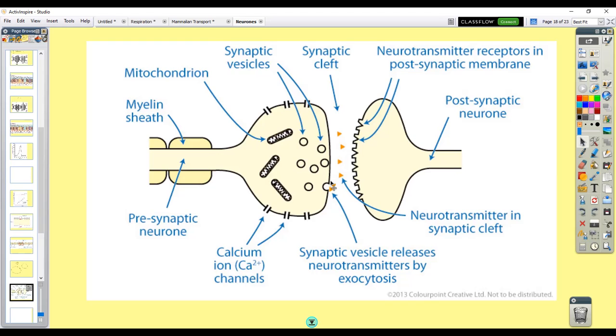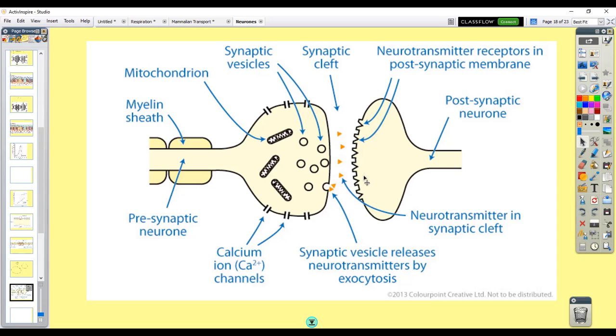The neurotransmitter at this part is at high concentration, and it diffuses across the synaptic cleft. So high concentration to low concentration, and it will bind with receptors. If enough of that neurotransmitter binds with the receptors, then it causes what we call an excitatory postsynaptic potential, or an EPSP.